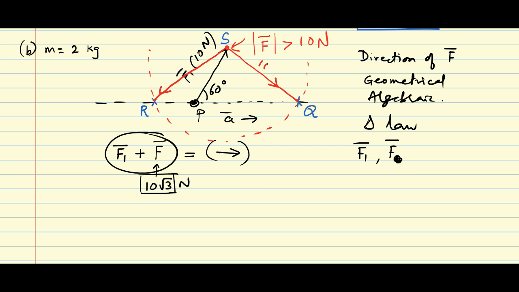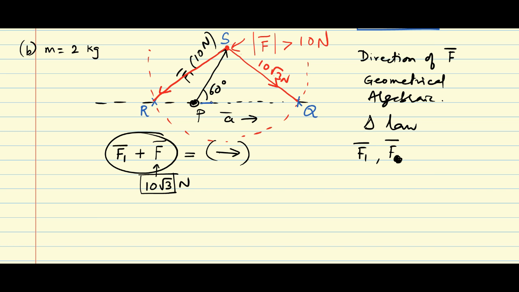So I'll just write on top 10 root 3 newtons. The same goes for the other vector too, and both of them end on the dotted line. So we have narrowed down our choice for F bar to two choices. One of them is SQ bar and the other one is SR bar.